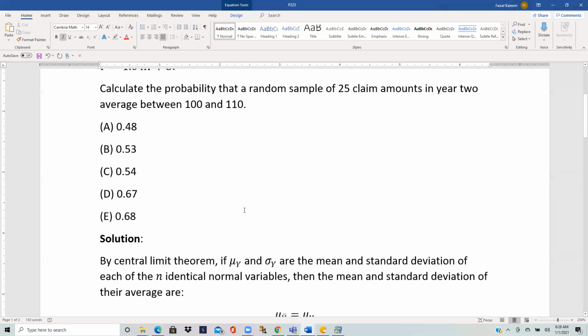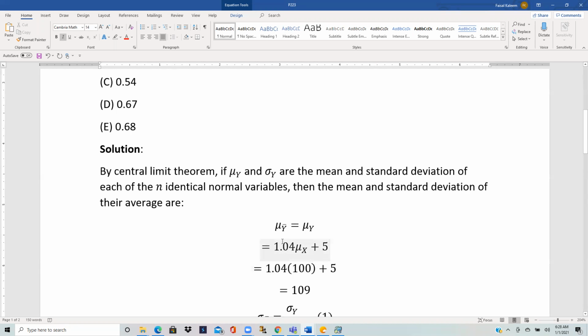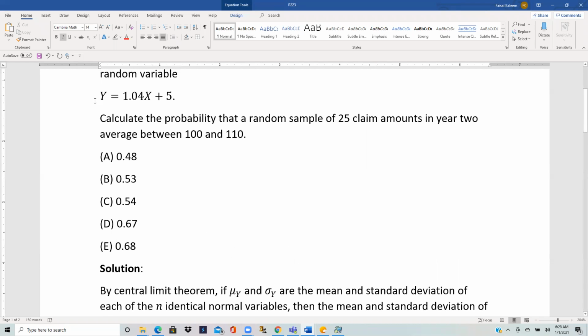By central limit theorem, if mu Y and sigma Y are the mean and standard deviation of each of n identical normal variables, then the mean of the average, mu of Y bar, is the same as mu of Y. And mu of Y will be 1.04 times mu of X plus 5.